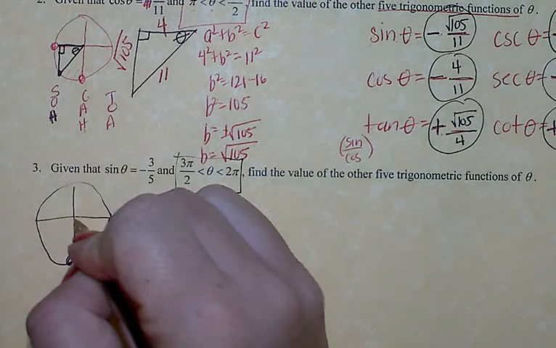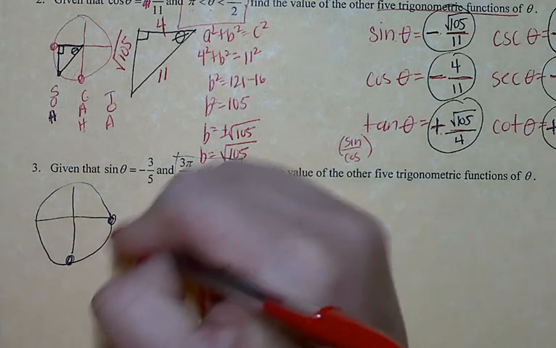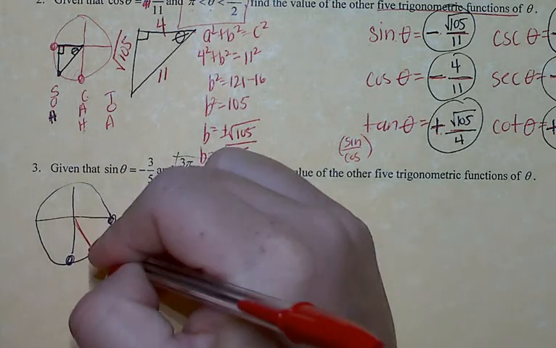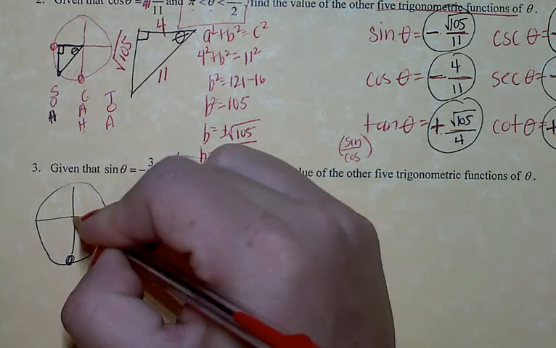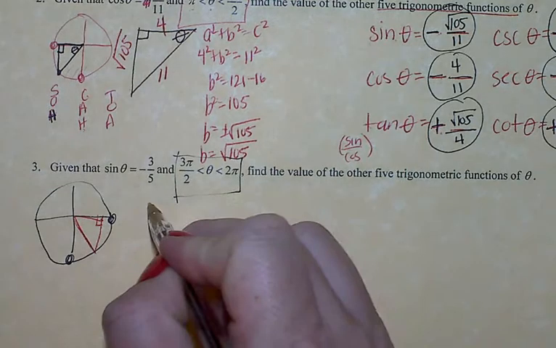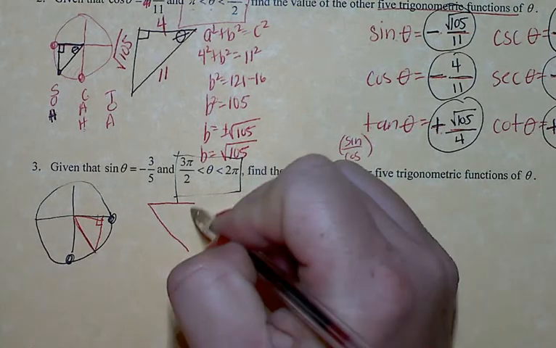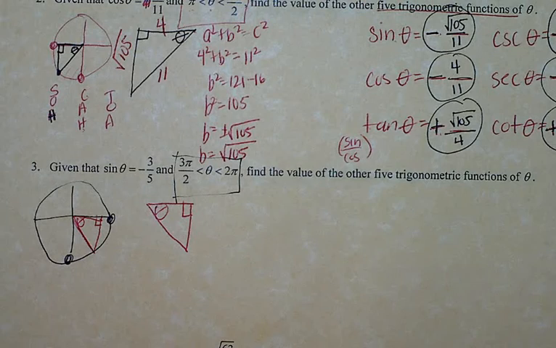From the origin, come straight out until you hit somewhere along this unit circle, then always go straight back to the x-axis, creating that right triangle. I'm going to redraw this right triangle, and again identify where your central angle is. It's always the angle that's next to the origin and next to the x-axis.